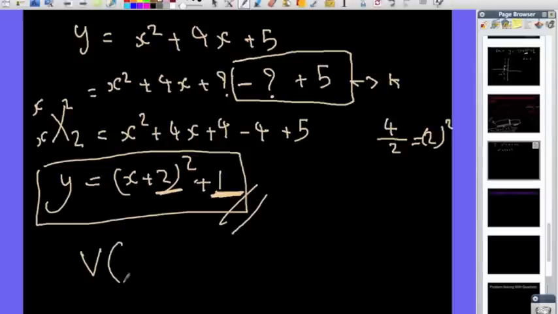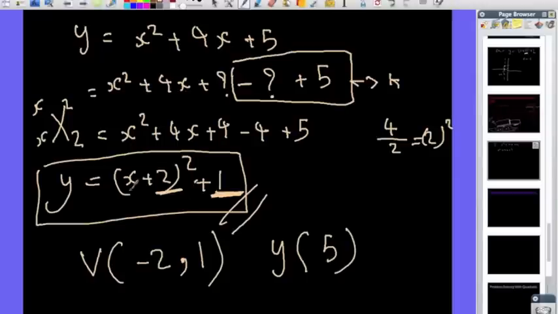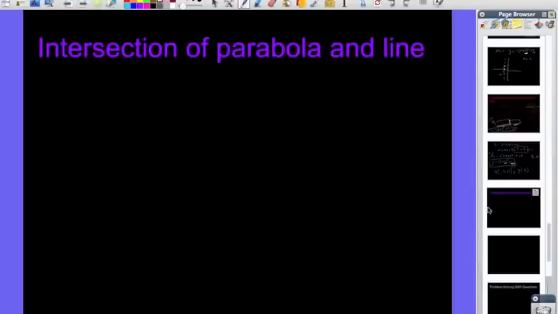So the vertex is -2 and 1, and the y is 5. Why? Because if you replace x with 0, it would be 2 squared, which is 4 plus 1, so it's 5. Okay, now let's move on to intersection of parabola and line.